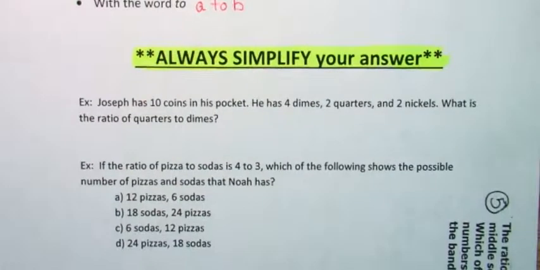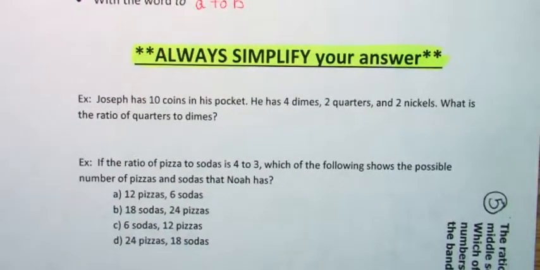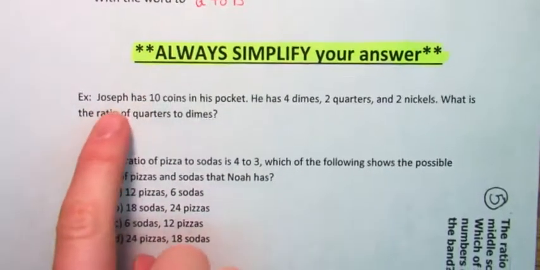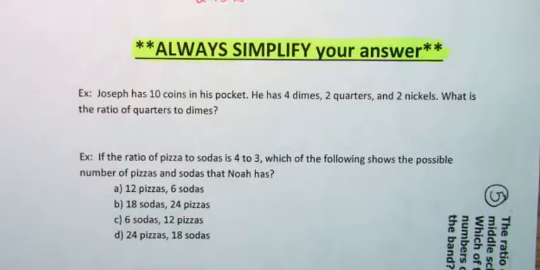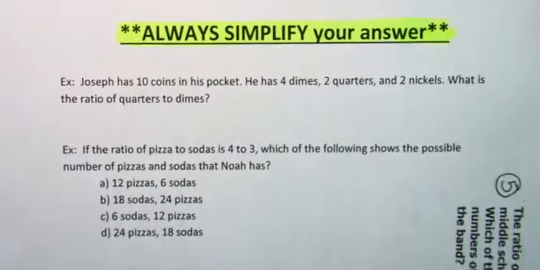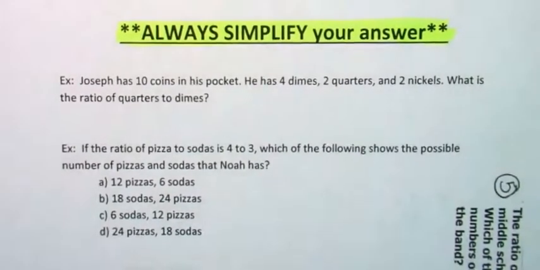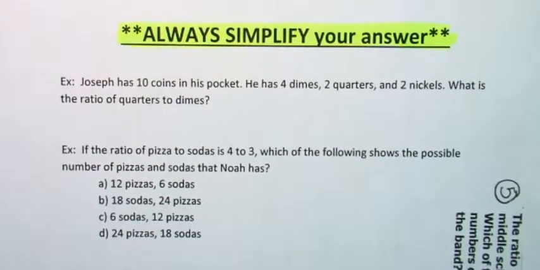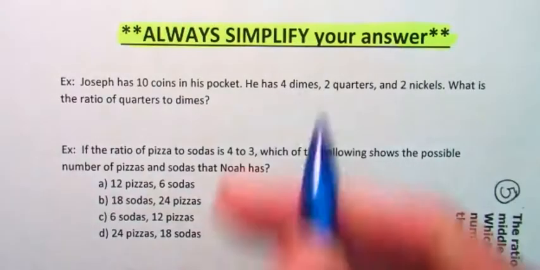Now let's look at these two examples together. Example number 1. Joseph has 10 coins in his pocket. He has 4 dimes, 2 quarters, and 2 nickels. What is the ratio of quarters to dimes? Be very careful.